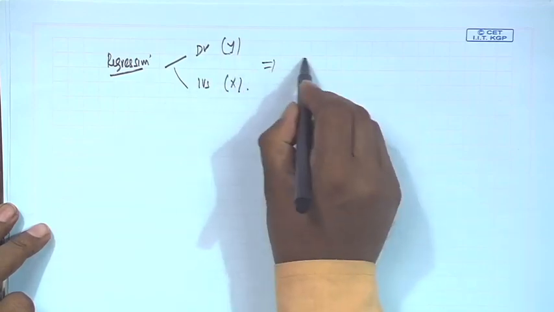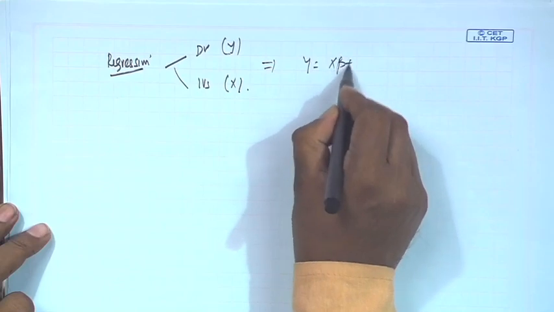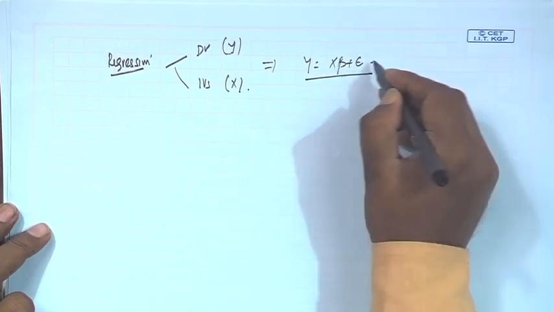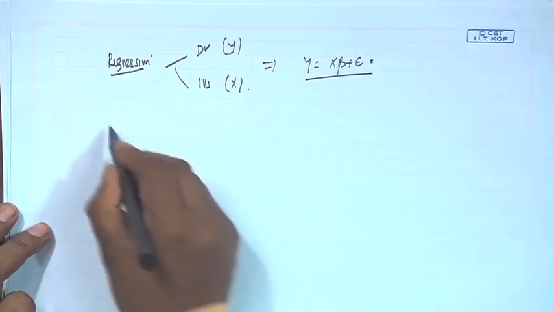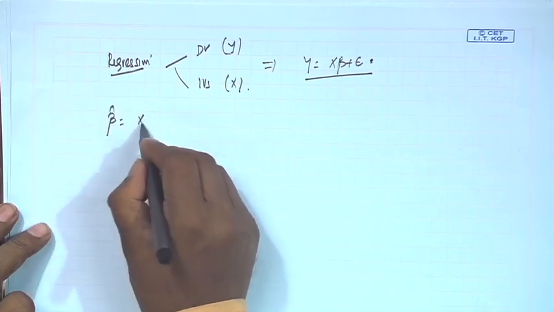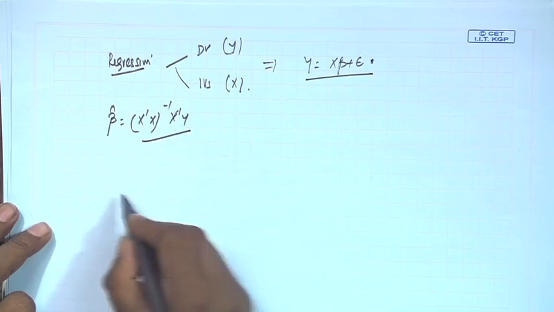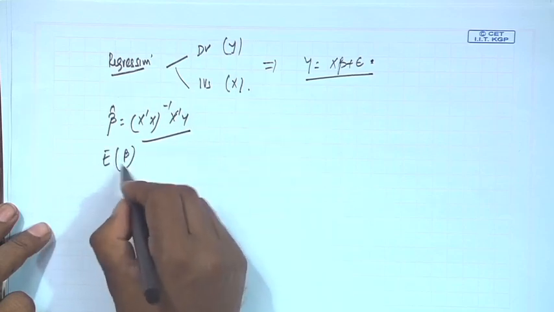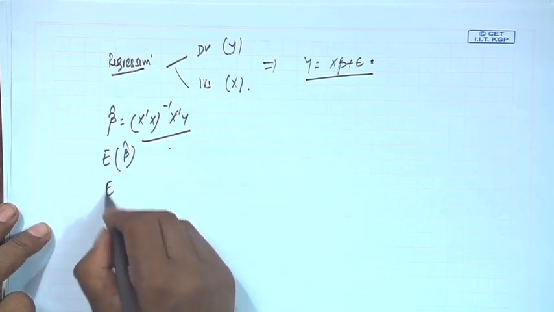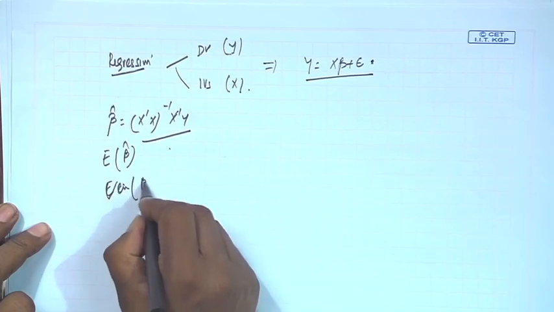We are interested in finding an equation like this, where epsilon is the error term. We have estimated beta using a certain equation, and then we have estimated the mean value and the variance of beta.